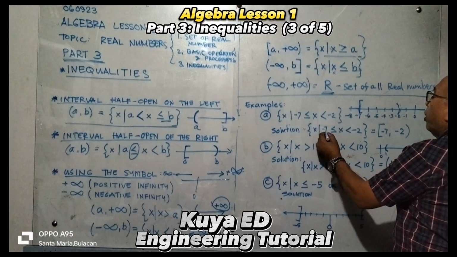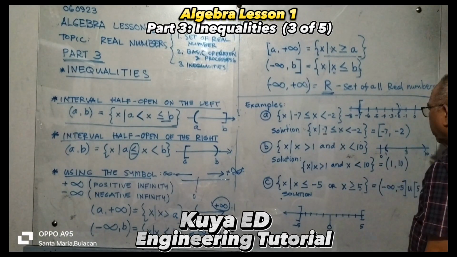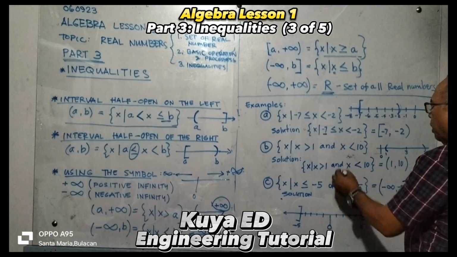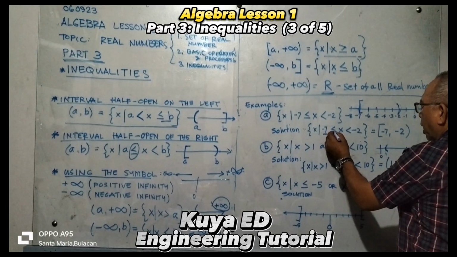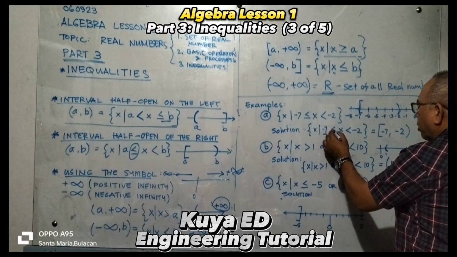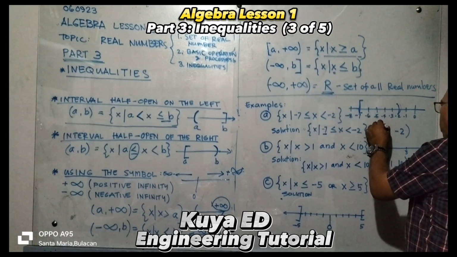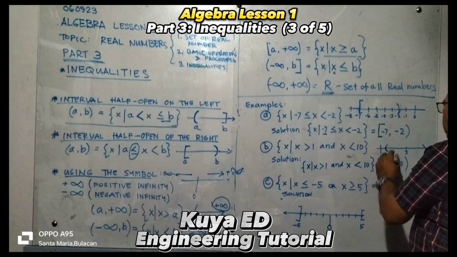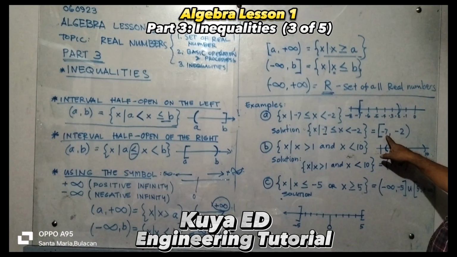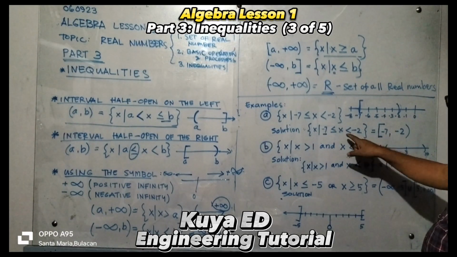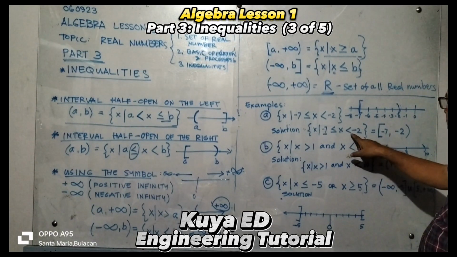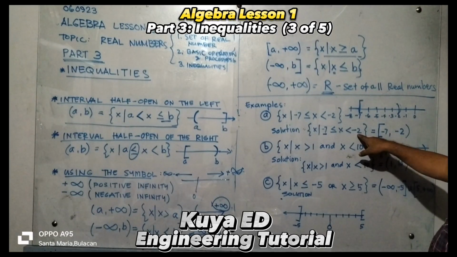So, therefore, negative 7, and this is a less or equal, so we use this bracket here to represent that. And then, X is less than negative 2.